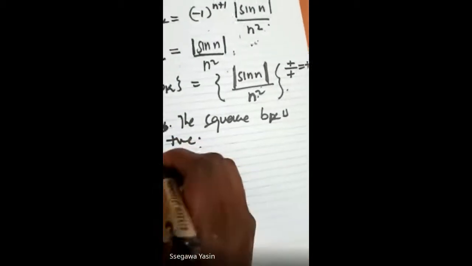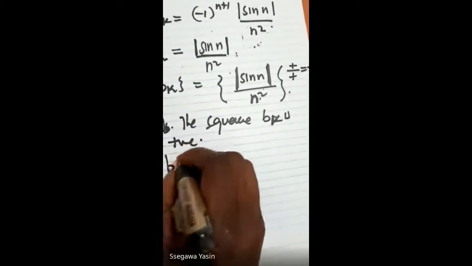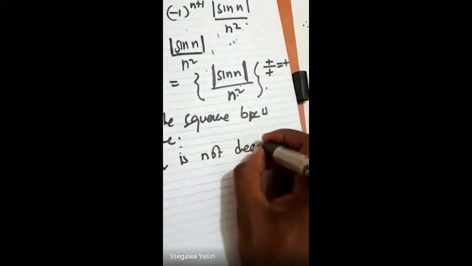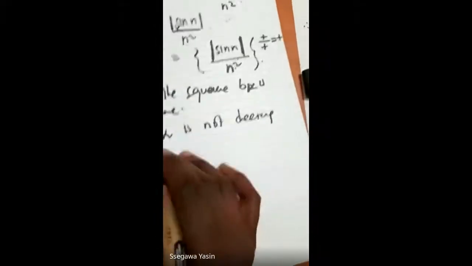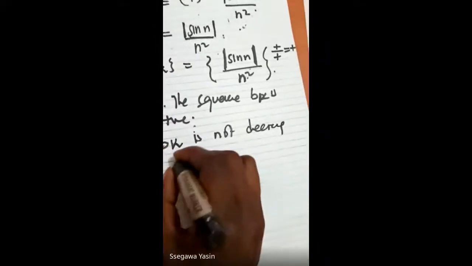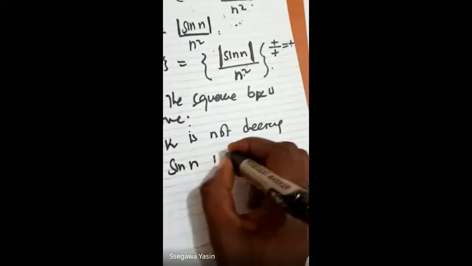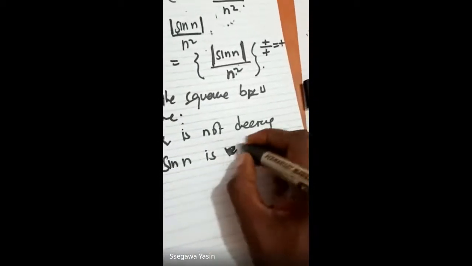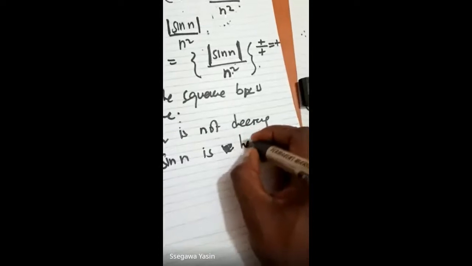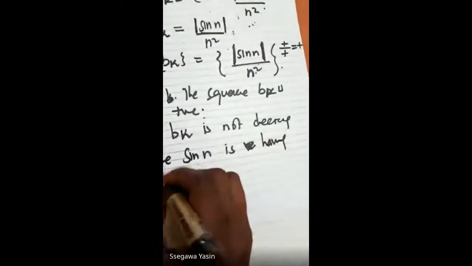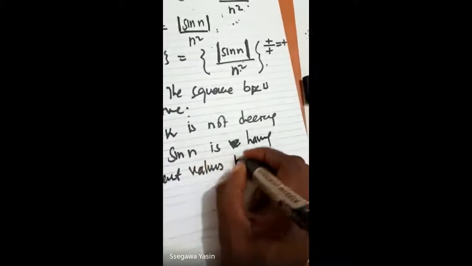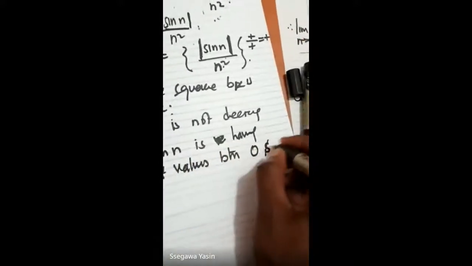So the sequence b_k is not decreasing, since sin n is vibrating, having different values between 0 and 1.